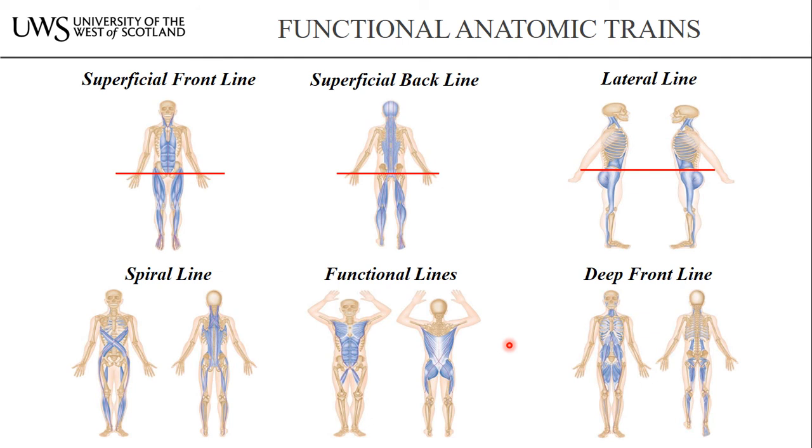In detail, the back functional line begins, let's say, at the attachment of the latissimus dorsi muscles, and it runs down, crossing the center of the body. Actually, it goes to join the sacrolumbar fascia.